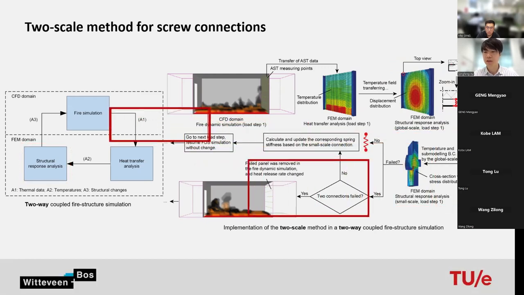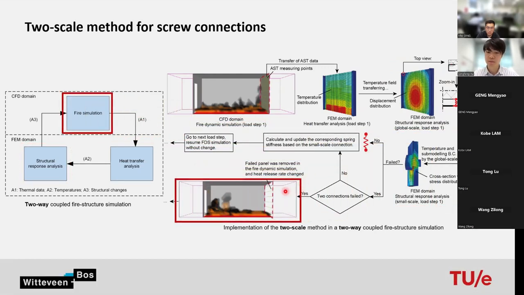But if the screw connection failed, we will remove the plate in the fire dynamic simulation. As a consequence, there will be more oxygen, and the fire development will be changed. So this is a so-called two-way coupled fire structural simulation.